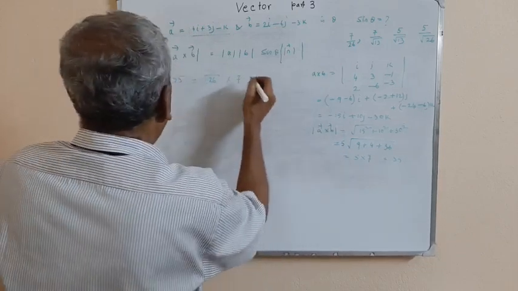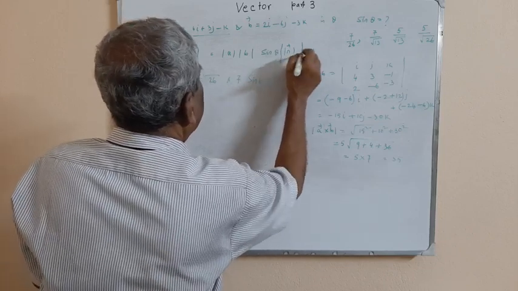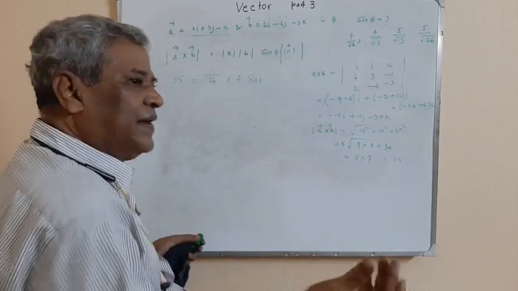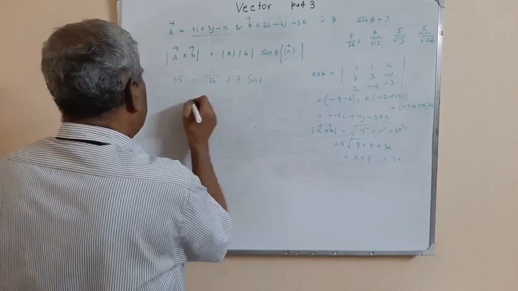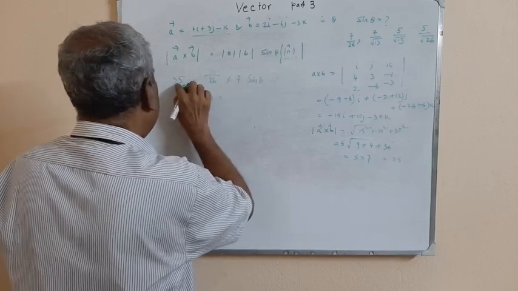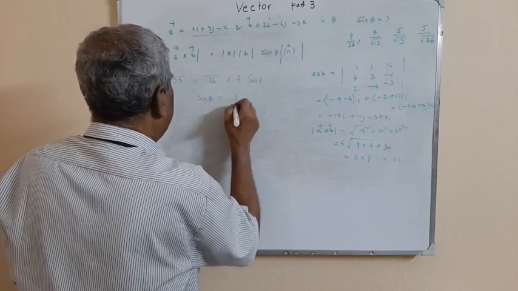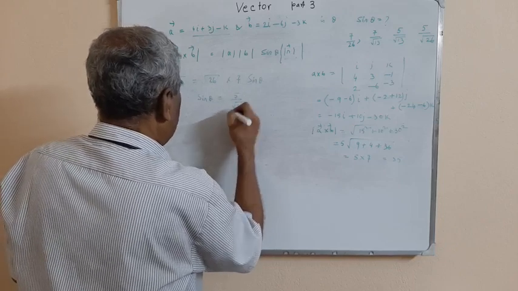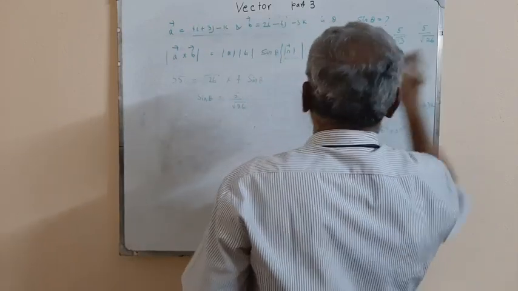So that into sine theta. And the magnitude of n is a unit vector, its magnitude is 1. So sine theta is equal to 35, and 7 can be cancelled from there, 5 by root 26. This is the answer. So option D is correct.